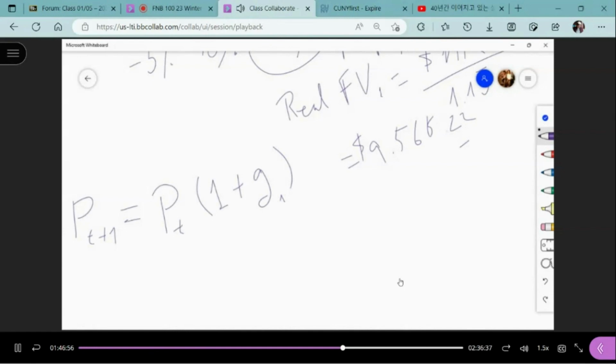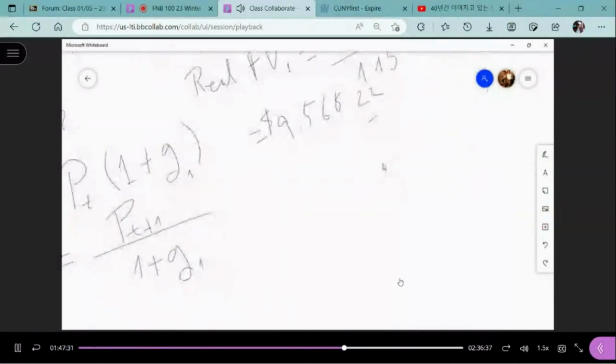So it's just the same thing. If you want to find the price at time t, you have to divide P(t+1) by 1 plus g1. Now think about it, it's the same thing.